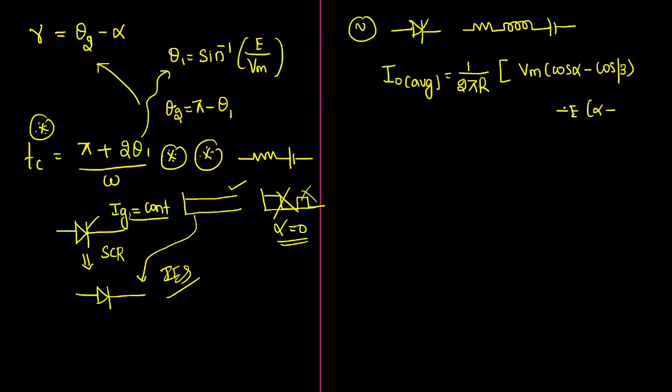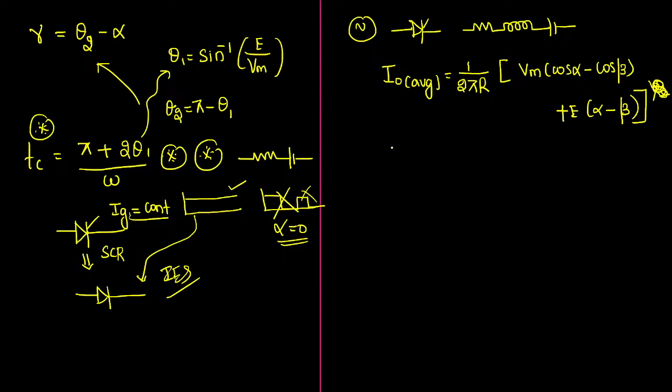Yeah, you can keep plus here, alpha minus beta. That's all. No, we are calculating only average current. This is the formula to calculate the value of I naught average. Next, from this you can explore the value of V naught average. You know how to do that. V naught average is equal to, simply according to Ohm's law, you can go further.